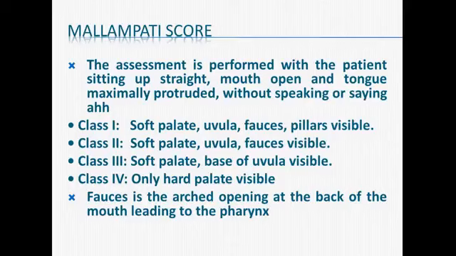Class 2, we can see soft palate, uvula, and fauces. The third class, we can see soft palate and base of uvula. Fourth class, which is expected to be a difficult intubation, only hard palate is visible.